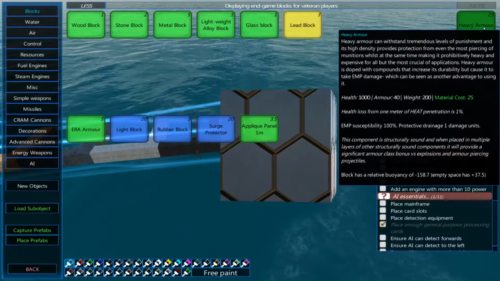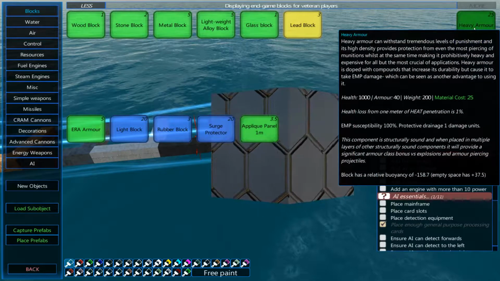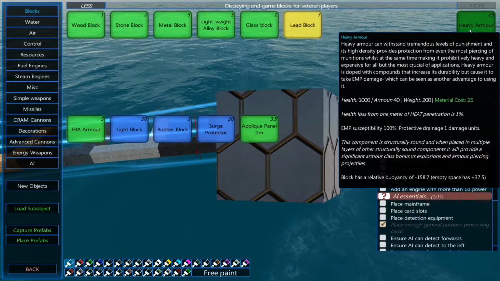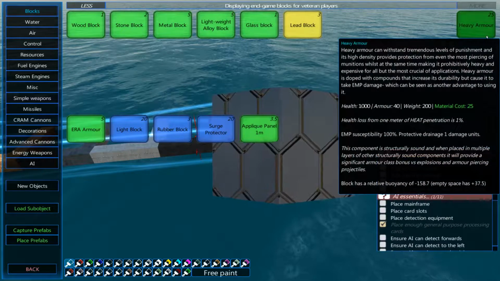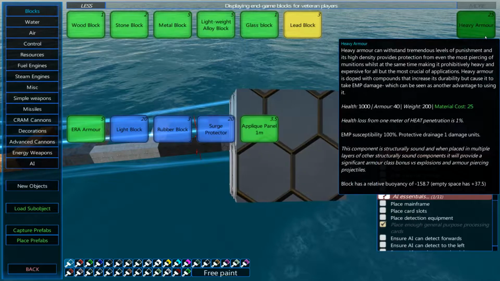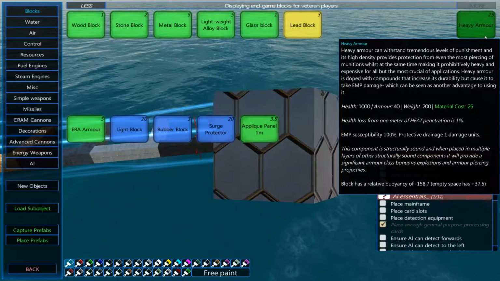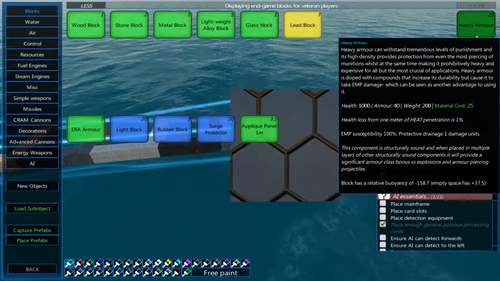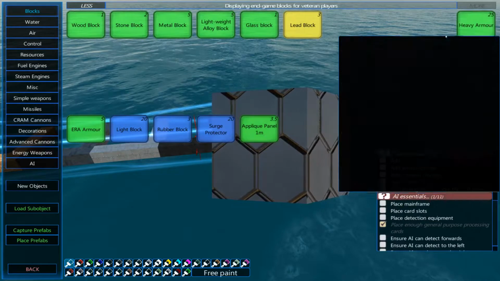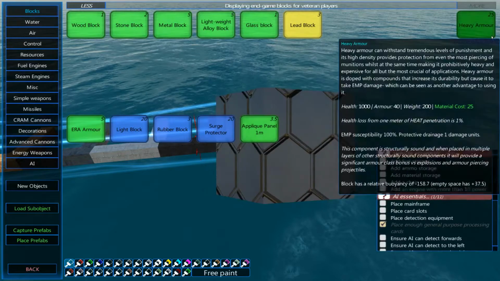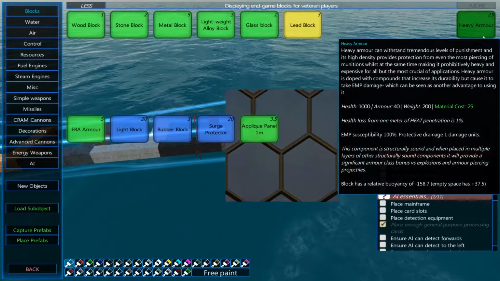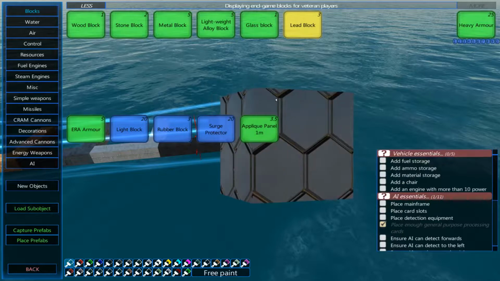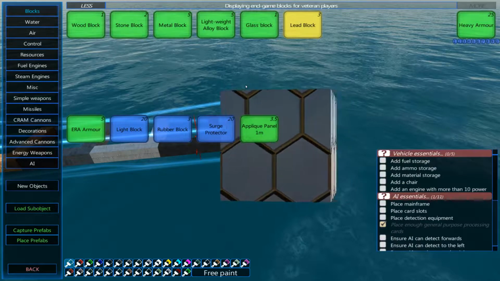And it has a buoyancy of negative 158. Again, this is going to be used on a very big ship like stone and metal, or as I use it, to protect just my AI and my alloy ships. Alloy and ammunition. Trust me, you need to protect your ammunition. You do not want that to go up.